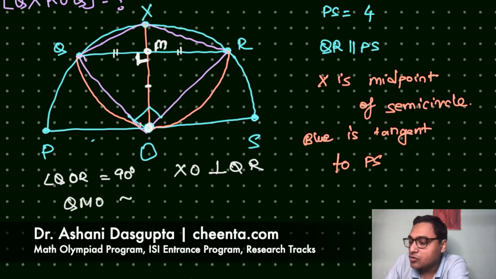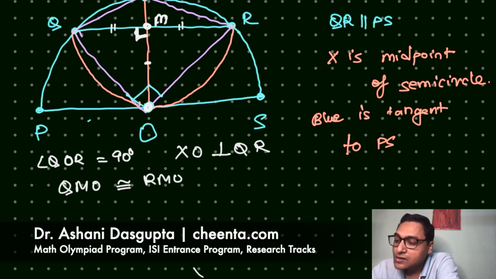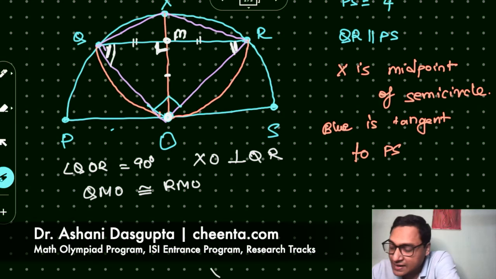So these two angles are equal. Another way to see the same fact is that OQ is the radius, OR is the radius, so these two angles are equal because it's an isosceles triangle.